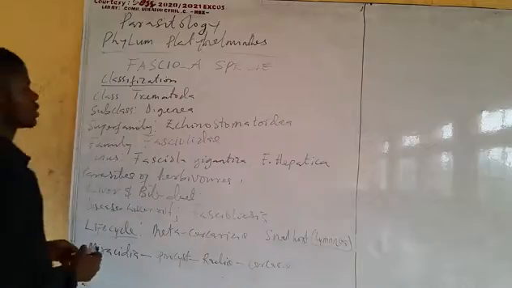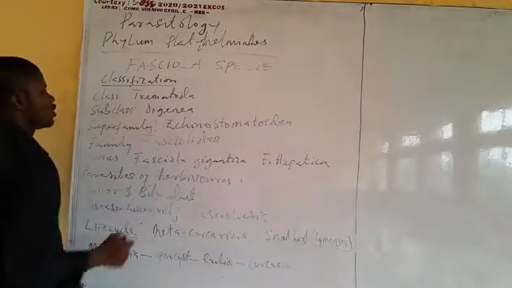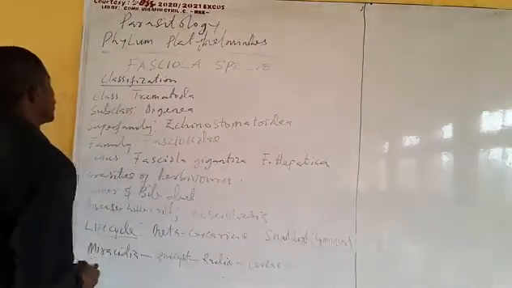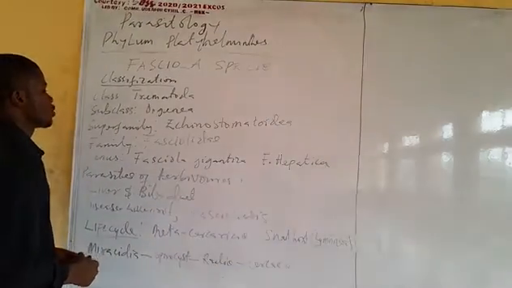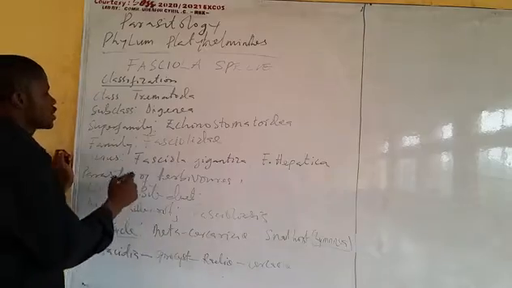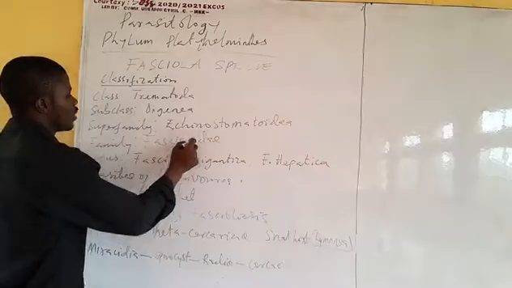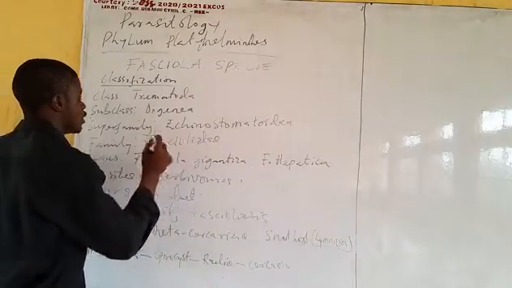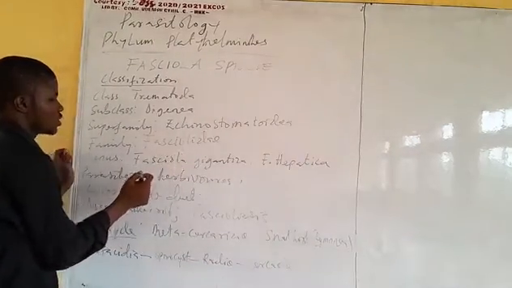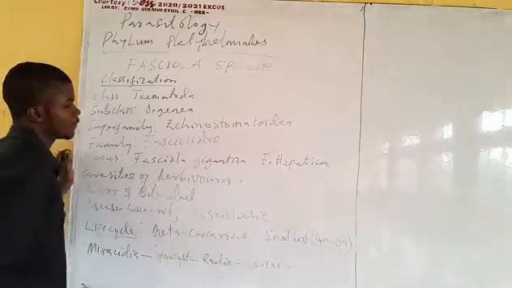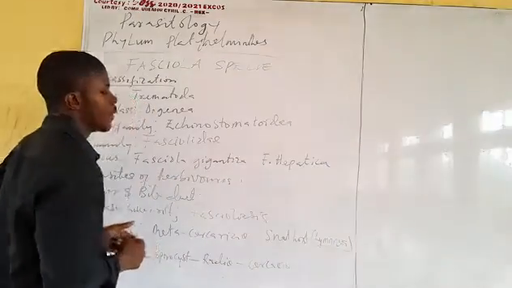The subclass is Digenea. The superfamily is Echinostomatoidea. The family is Fasciolidae. Then the genus is Fasciola. We have two species under this: Fasciola gigantica and Fasciola hepatica.